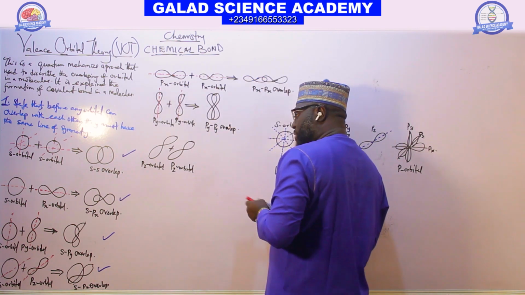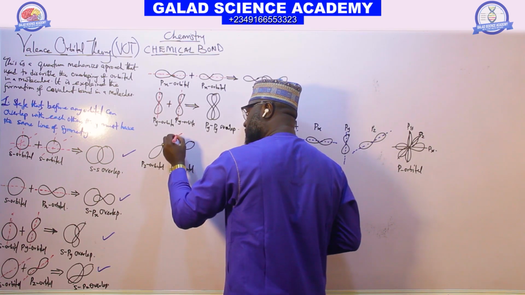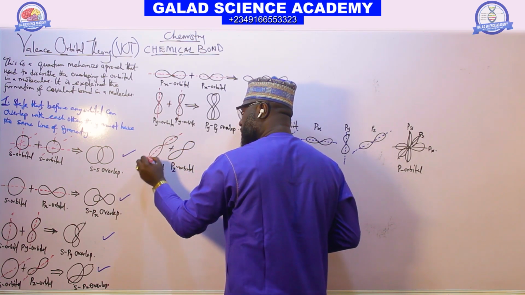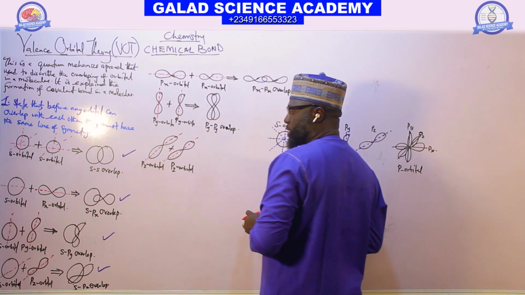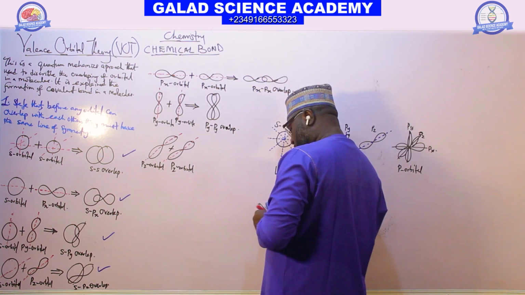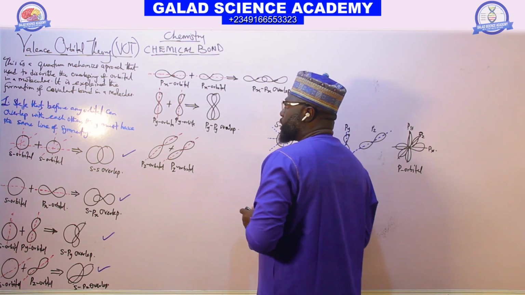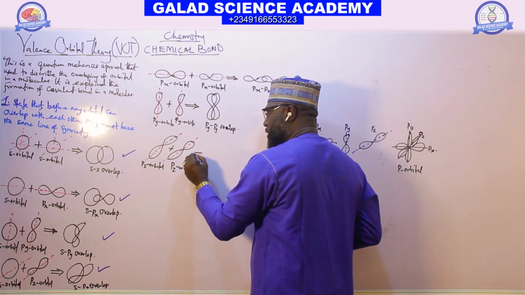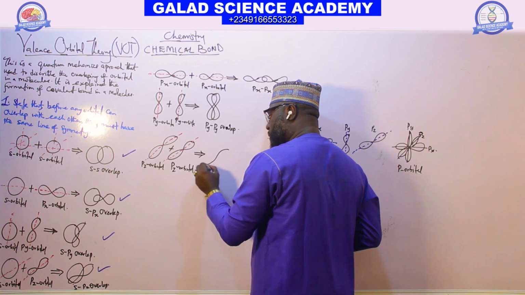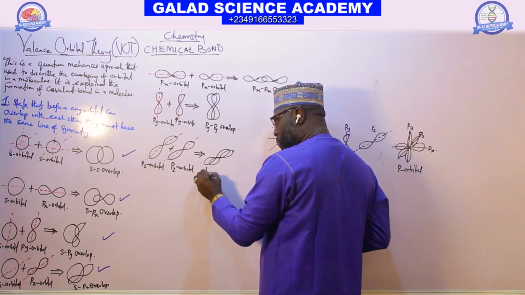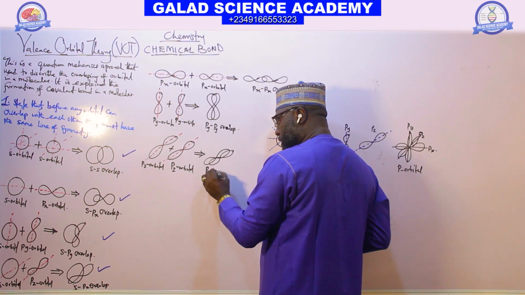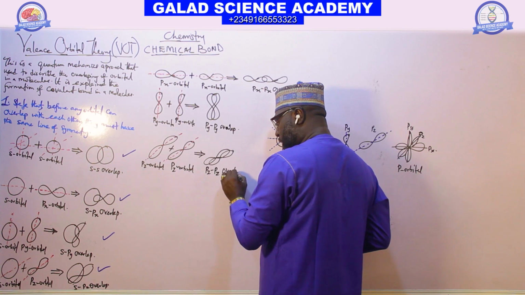The two of them have the same line of symmetry. So if you have this in this form, they can overlap. This overlapping, we call it Pz-Pz overlap.